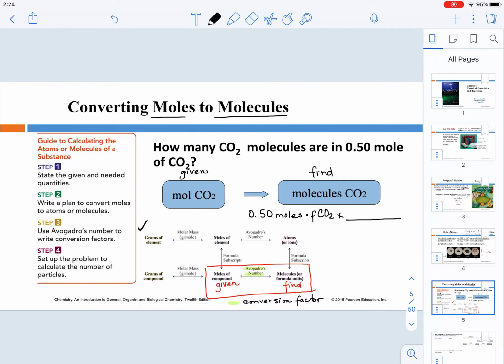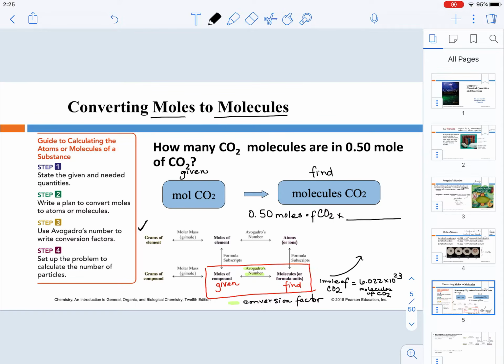So my conversion here, because I'm utilizing Avogadro's number, understand that I'm going to say 1 mole of CO2 equals 6.022 times 10 to the 23rd molecules of CO2. So this conversion I'm going to place as a fraction right there.